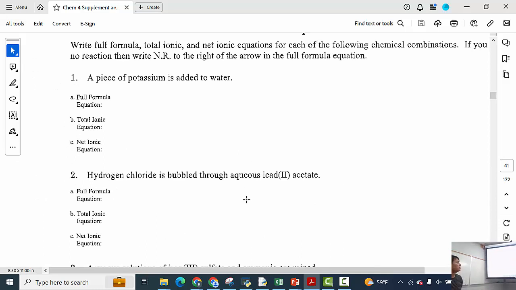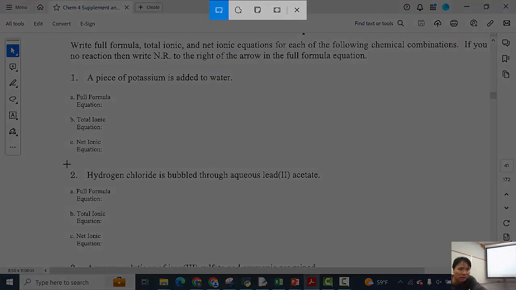The supplement has a mix of reactions, and what we're going to do is look for double replacement reactions. Double replacement reactions are going to have a pattern to it. What was the pattern again? AB plus CD. Yeah, so we're going to look for this pattern, AB plus CD. So it turns out number 1 is not a double replacement, but number 2 is a double replacement. So let's take a look at number 2 here.